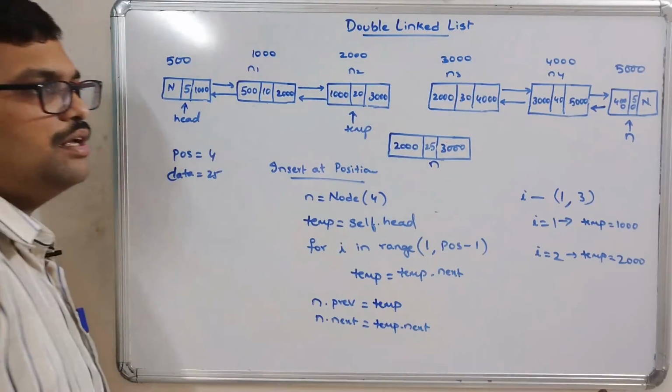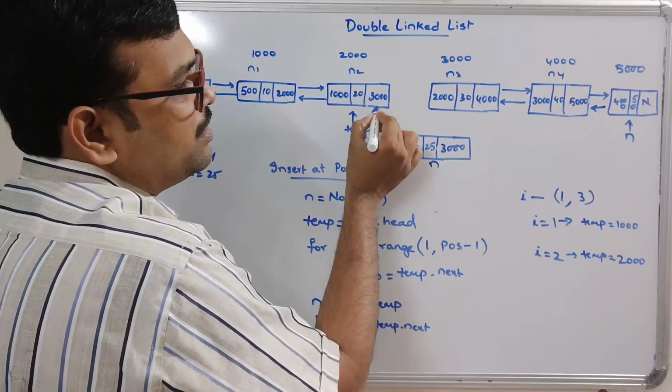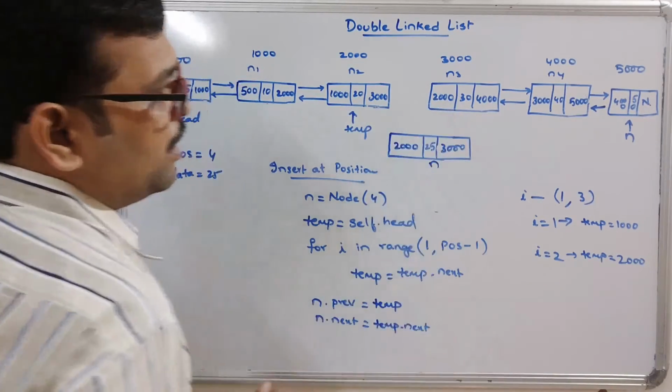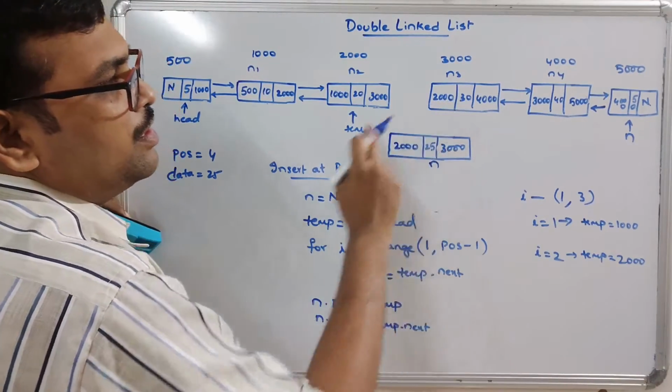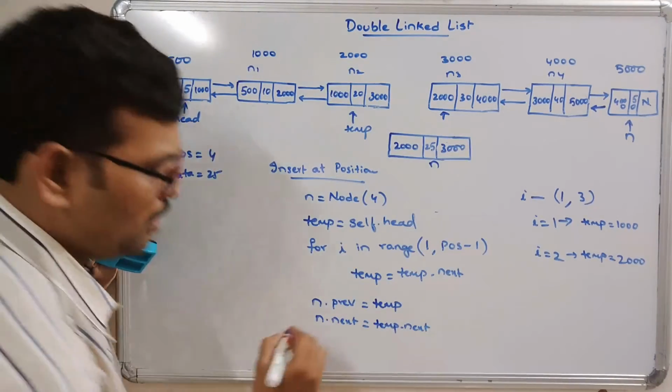So is this sufficient? No, because this temp value is still pointing at 3000. So we need to change this one and also this one. So how to get this position?